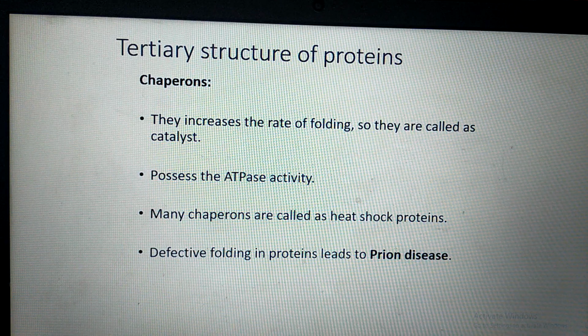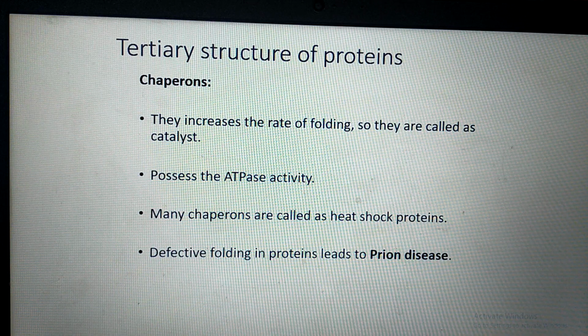That means they take energy by breaking ATP molecules. Many chaperones are also called heat shock proteins. Defective folding in protein leads to prion disease, and it was found that in prion disease the function of chaperone is disturbed.